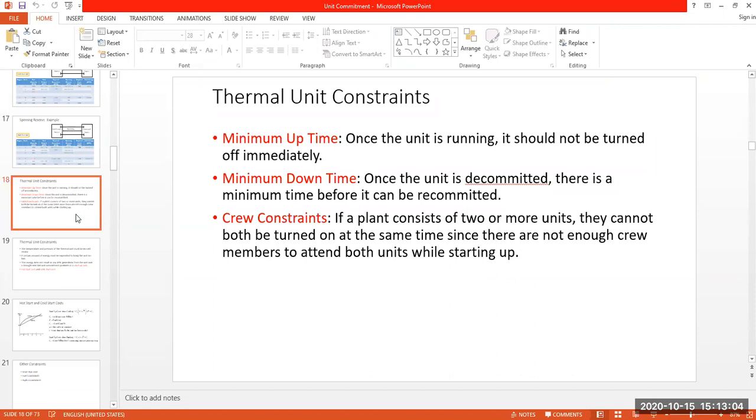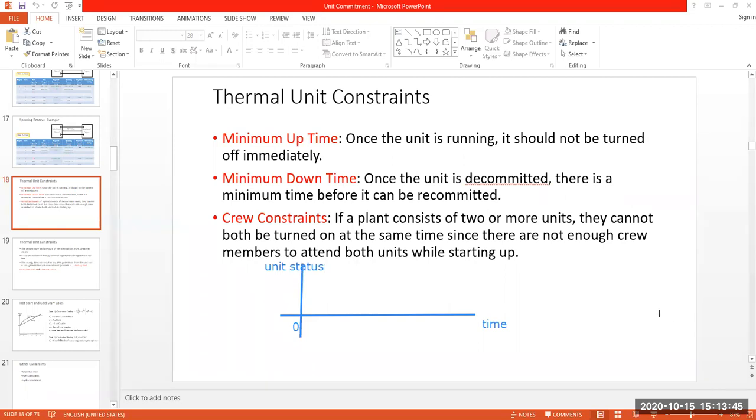It means, let me try and draw one diagram to make it clearer. Let's say at time t equals 0, in the x-axis you have time, and in the y-axis you have unit status, which can be represented by 1 or 0, because a unit can be either fully on or fully off.